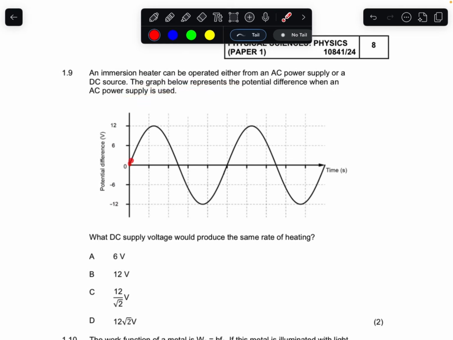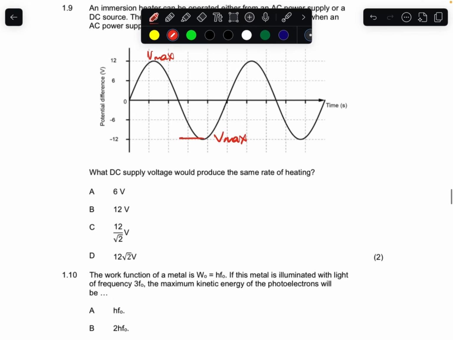Do we know the graph of the AC? It's like that. It's a sine graph, right? We're given there the Vmax is the 12. It's the Vmax, and that's the Vmax. That's our Vmax.